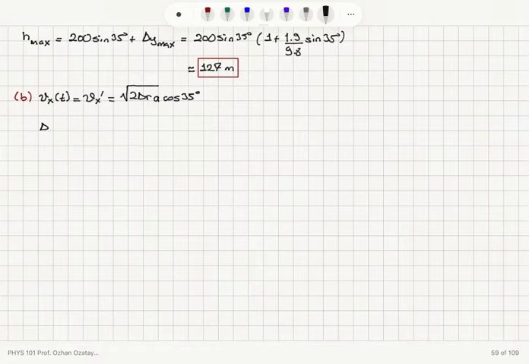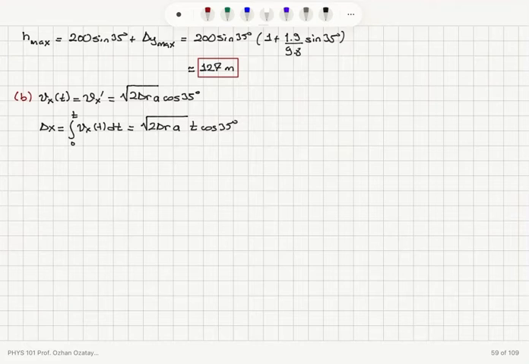Okay, and delta x, the distance we travel on the x-axis from time t equals 0 to t, is the integral of Vx of t dt, which is the square root of 2 delta Ra t cosine 35.